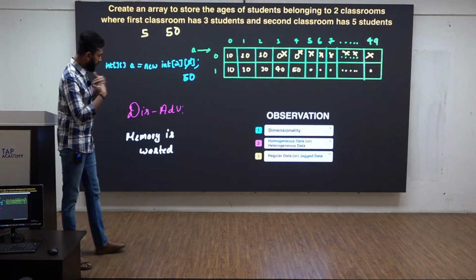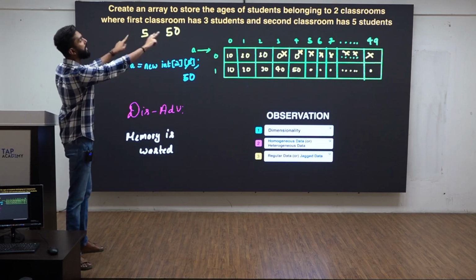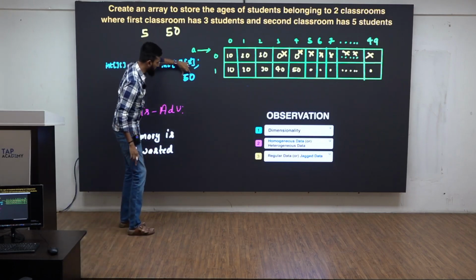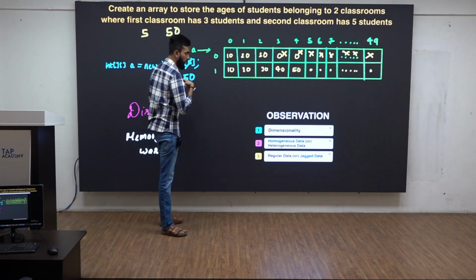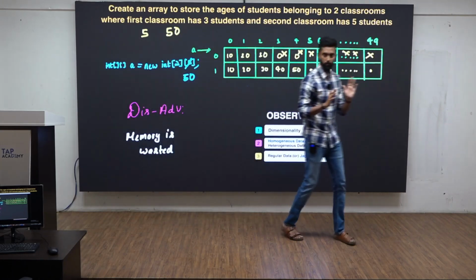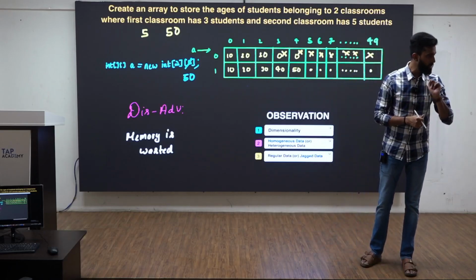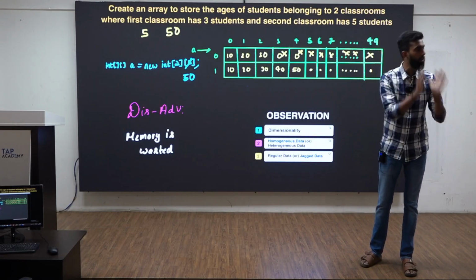So, what we have learned till now is how to create a regular or rectangular array, where every row will always have equal columns. But the good thing for us was, all the data that we saw till now was also regular. So memory never got wasted. Every classroom had equal students, every school had equal classes, every class had equal students. We only saw regular data.